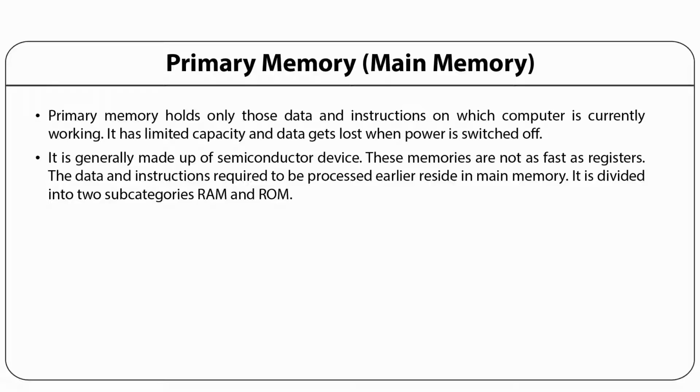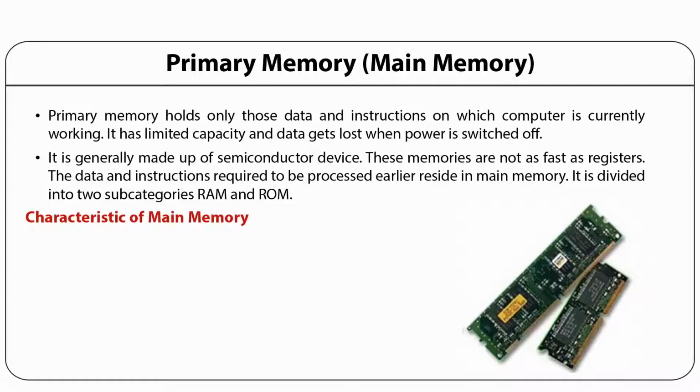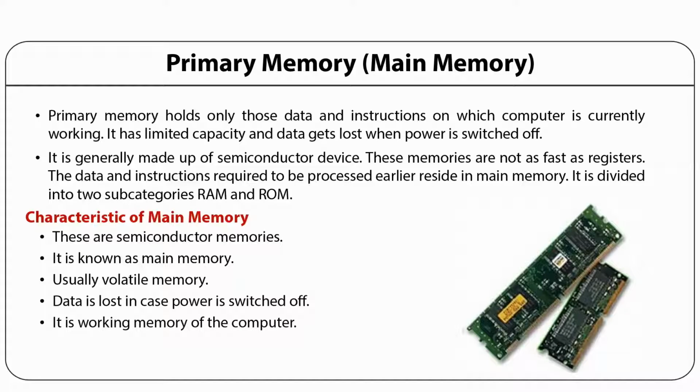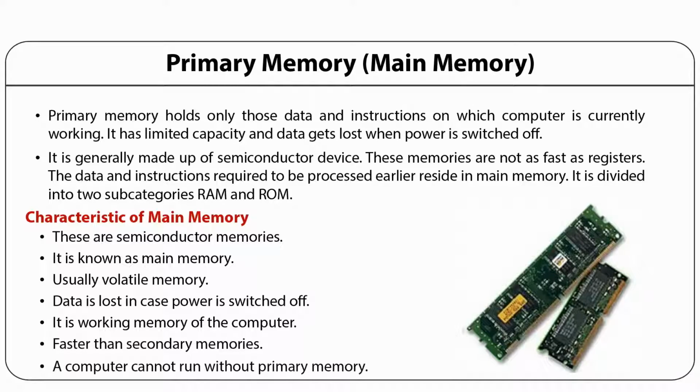It is divided into two subcategories: RAM and ROM, random access memory and read-only memory. The characteristics of the main memory are: these are basically semiconductor memory. It is also volatile memory, that is the data is lost in case power is switched off. It is the working memory of the computer. It is faster than all the secondary memories and a computer cannot run without primary memory.